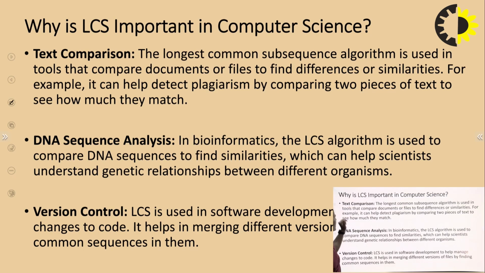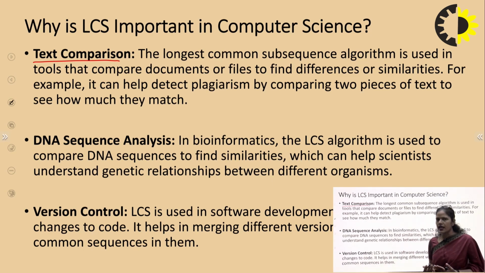If I am talking about text comparison, let's suppose you are given a particular text and you want to find out whether this is the original or not, whether it is derived from somewhere, basically copied. How can we check it?